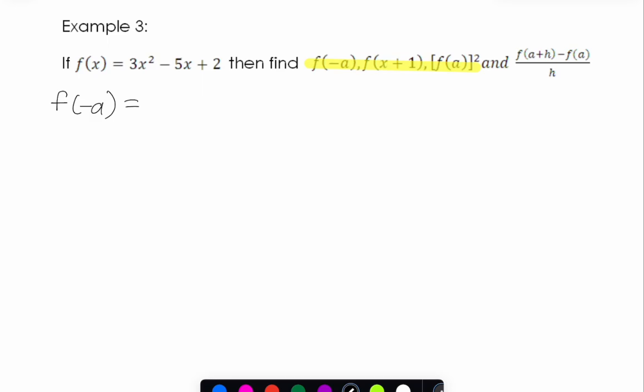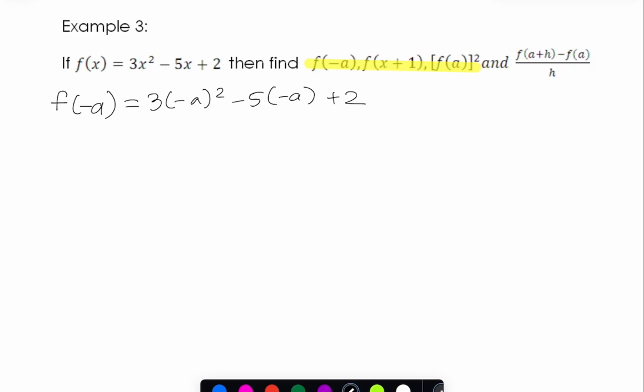Like we saw in the opening, little 5-minute check question, if you don't use parentheses, it can throw you off a little bit. So when I input this negative a, wherever I see an x, I'm going to put a parenthesis containing negative a. That will allow me to not mess up my order of operations as often.